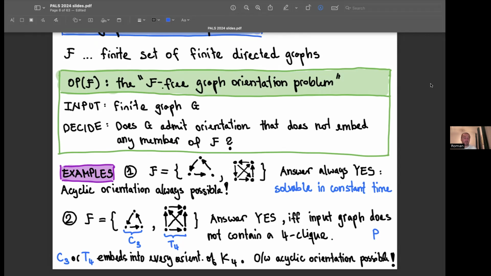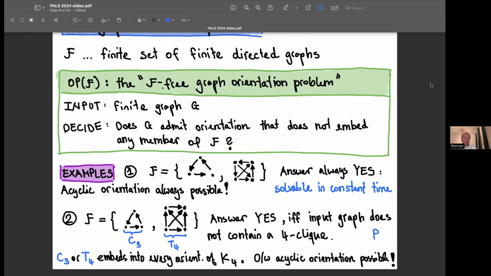The 3-cycle C3 or the transitive 4-tournament embed into every orientation of K4. So K4 cannot possibly be oriented in a way that is F-free in this case. So if our input graph contains a 4-clique, we cannot give an orientation which is F-free.